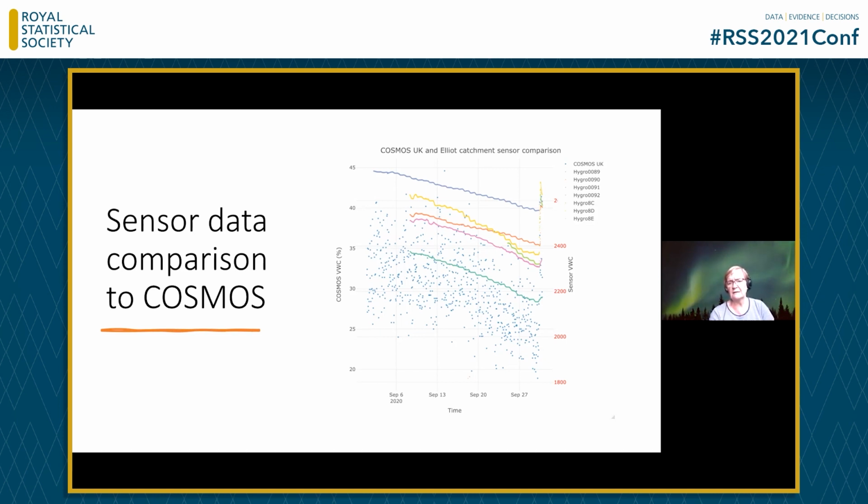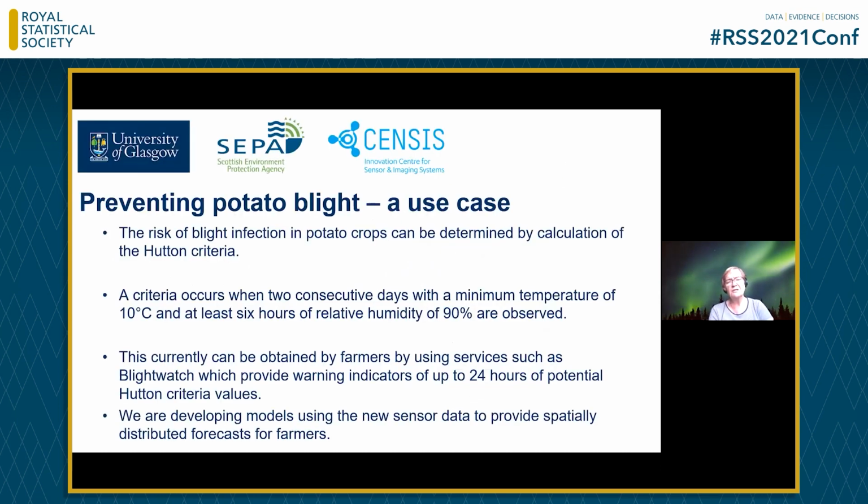Now, part of that is clearly the Cosmos system is not in the catchment, and soil moisture is likely to be something which is pretty localized, because you can immediately see the differences between the different sensors already in the catchment. But again, the Cosmos network is very well maintained, very well calibrated, its features well understood. So we wanted to have that opportunity to look at the relationship with our local sensors and this national data set.